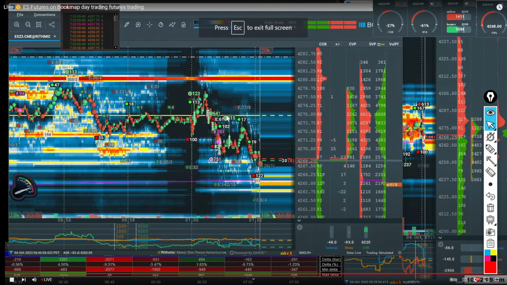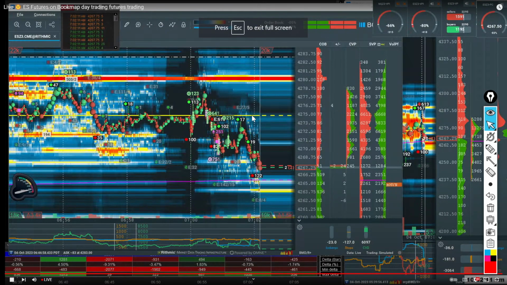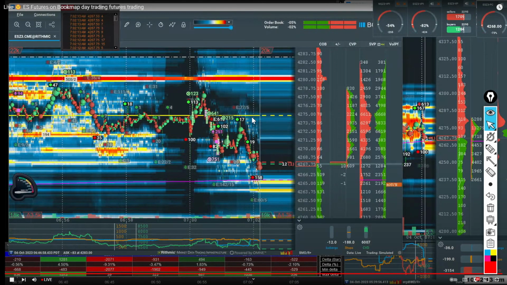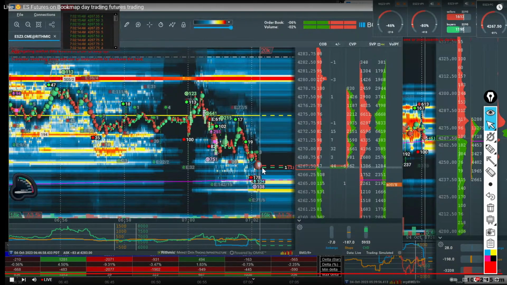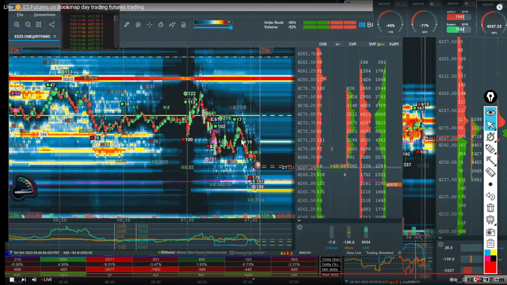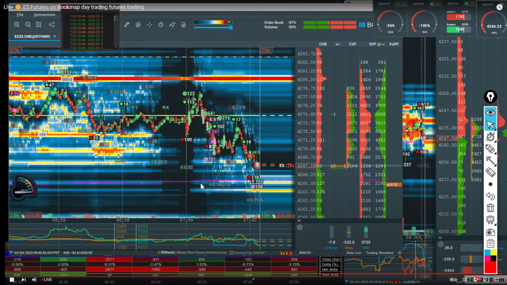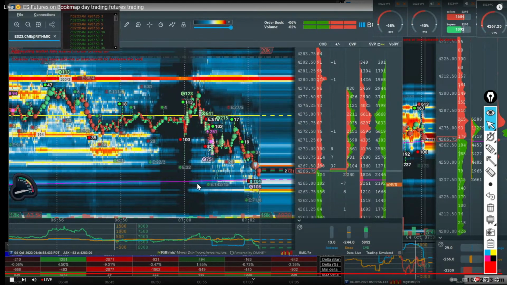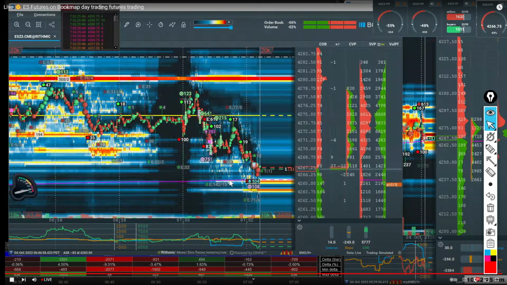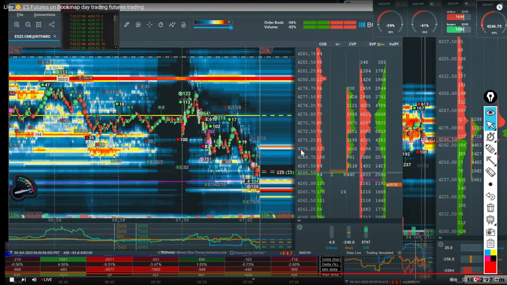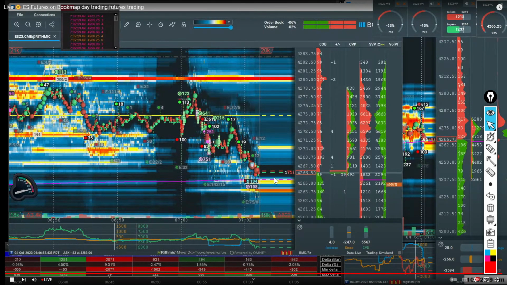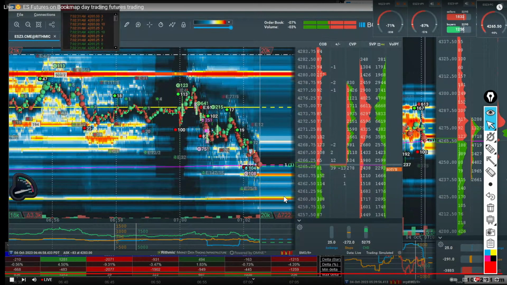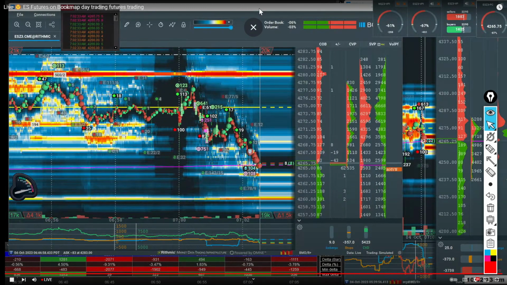Right, so the ES broke down from the volume point of control here, heading down to VWAP. But with this big sell-off here, I couldn't really jump into that. Maybe we get a retest here of like 42.70, and that should be a decent entry to continue lower, but looking like it's just selling off.